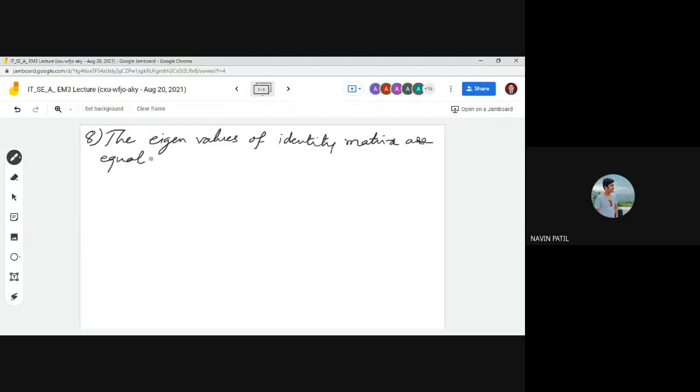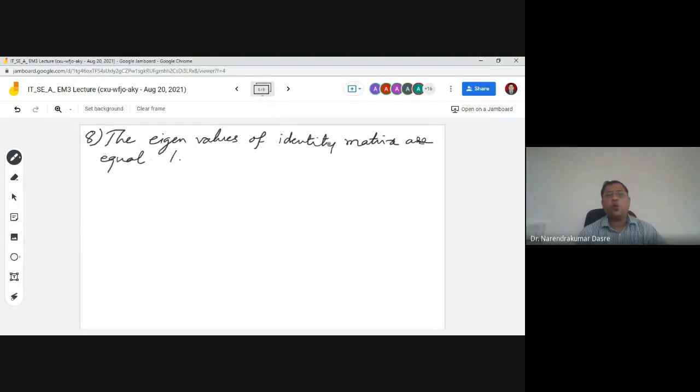Correct. So for the identity matrix, whatever the order of the identity, that many eigenvalues it will have, and all the eigenvalues will be equal to 1. This is the only matrix which has all eigenvalues equal to 1, so it is going to be the identity matrix.